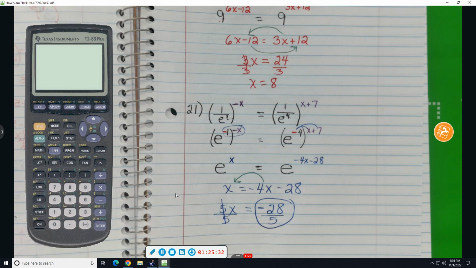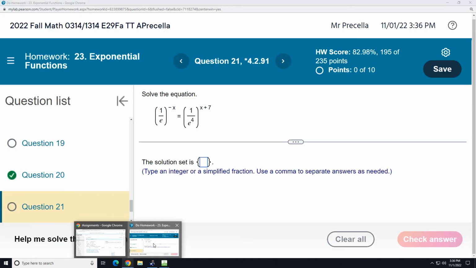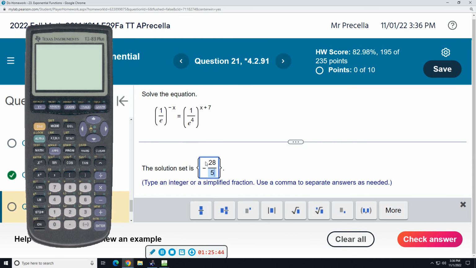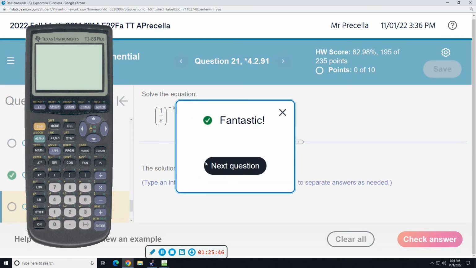Y'all ready for me to punch in negative 28 over 5? Even though that seems sort of bad, you know the common base. If there's an e in it, it has to be the common base.